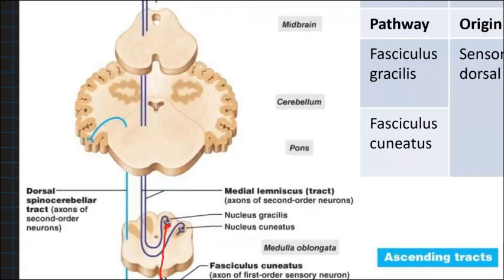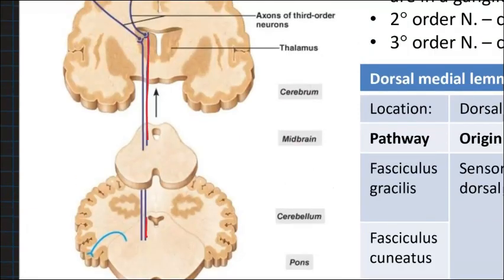I'm explaining the concept of relay. So the first order neuron synapses with the second order neuron, which goes all the way up to the thalamus, which serves as a relay.